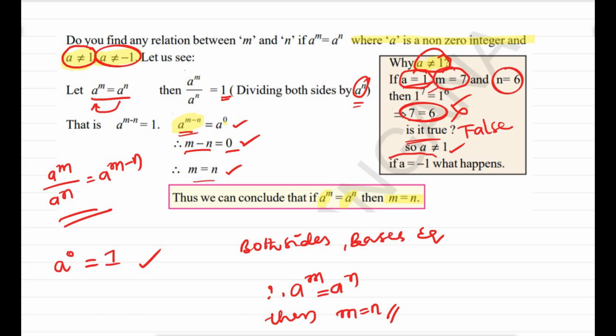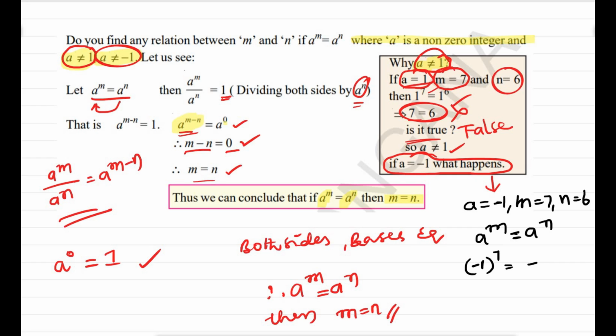If a is equal to minus 1, what happens? Let us solve this one over here. Same example I'm taking: a is equal to minus 1, m is equal to 7 and n is equal to 6. So a to the power of m is equal to a to the power of n. Replace that: minus 1 to the power of 7 is equal to minus 1 to the power of 6.